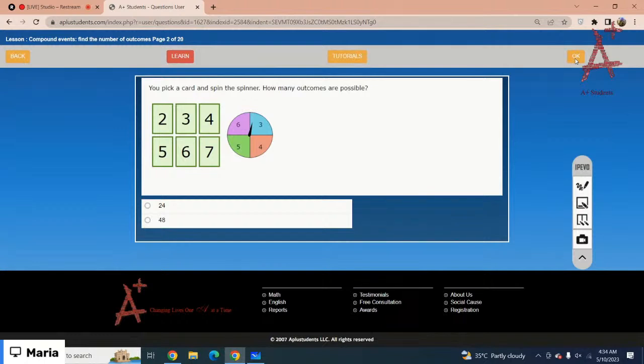It would be 24. That means the total outcomes for both the events are 24.